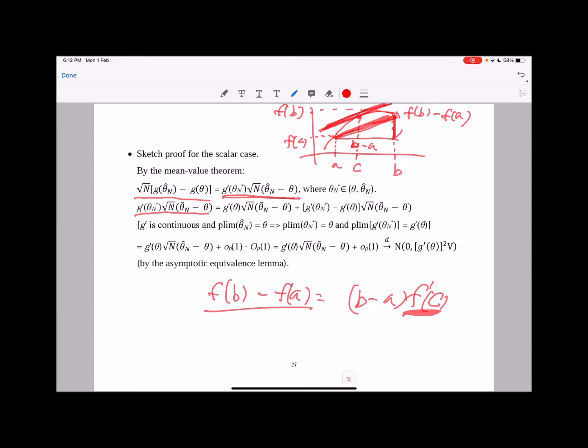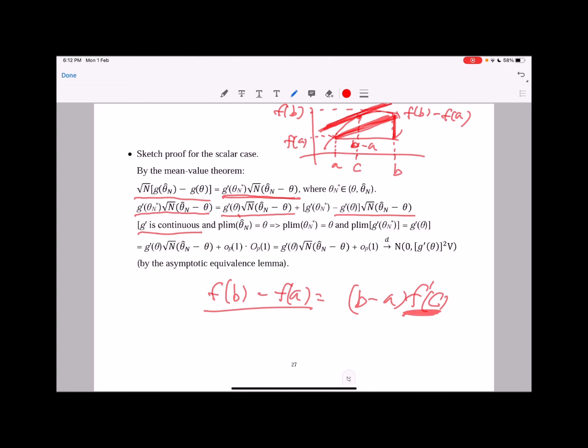Basically we add g prime theta times this guy, and we subtract the same thing. Okay, but we combine the g prime theta with g prime theta star, because g is continuously differentiable, so g prime remains continuous, and theta hat is a consistent estimator.